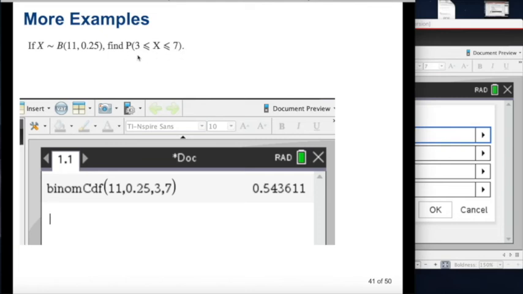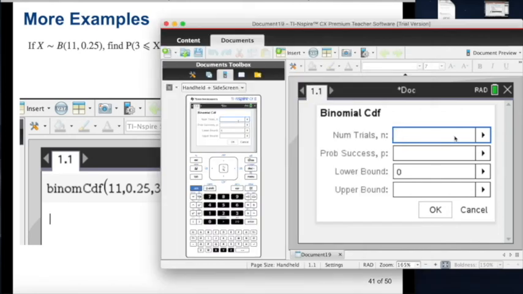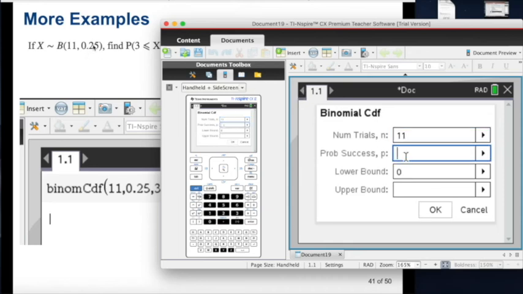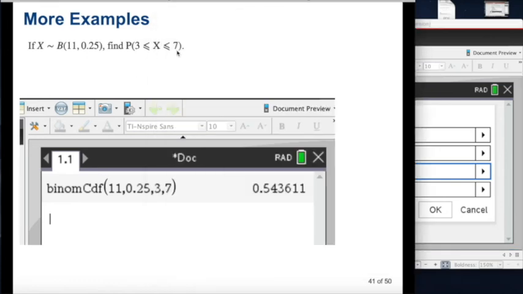Here from 3 to 7. Right, number of trials 11, probability of success is 0.25, lower bound in this case is 3 and upper bound is 7.